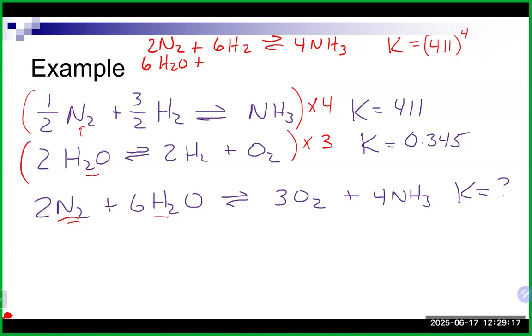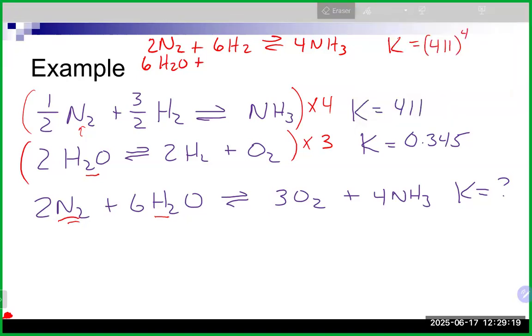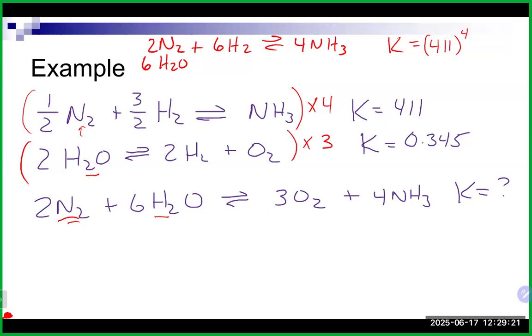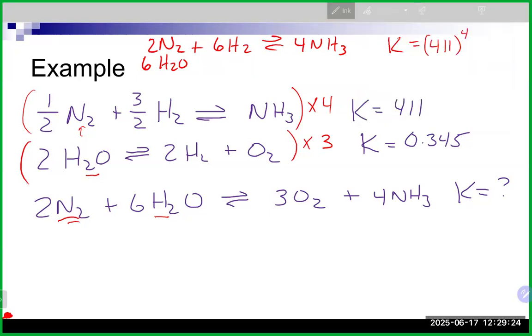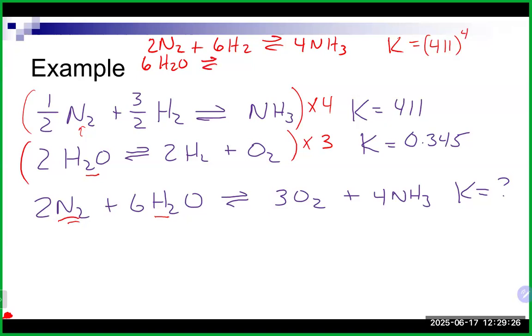And no pluses, just some arrows. Then coming across to the other side, 6 H2s and 3 O2s. Here again, I didn't reverse anything, but I did multiply by the common number of 3, which means I do need to take the K value there and cube it.